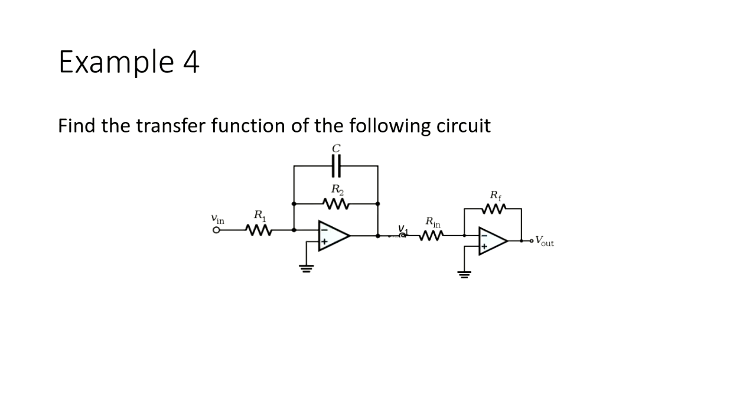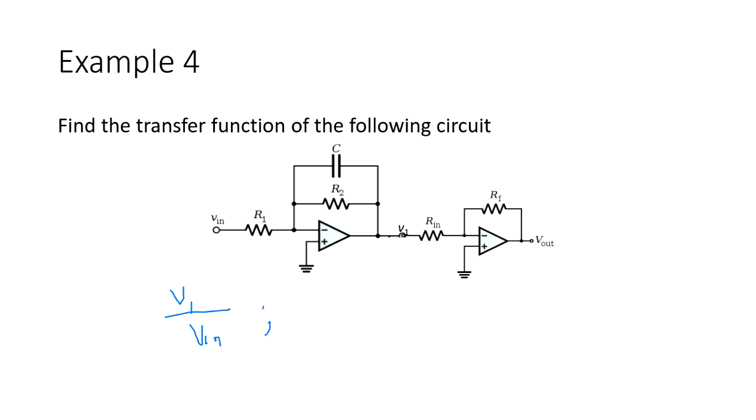Okay? What do you think about this one? It looks very complex. Is it easy? So how do we approach something like this? To do something like this, we first of all find the ratio of V1 over V in.